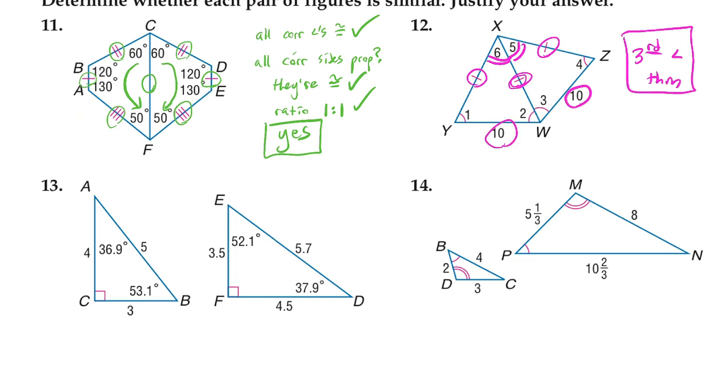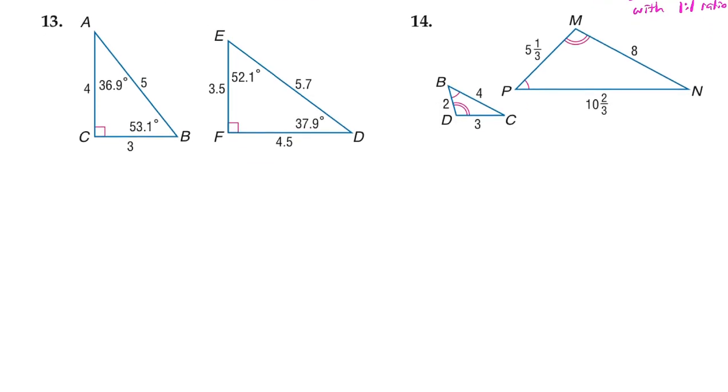So again, just like the last one, we use the third angle theorem here to get the last piece. But yes, these are congruent. Congruent triangles. So similar, whoa, that doesn't say similar. Similar with 1-to-1 ratio.